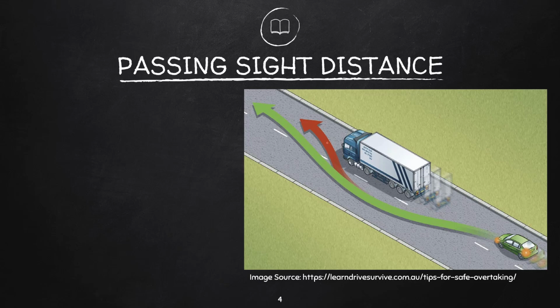If you'll notice the red arrow here, if the car will cut in early, then there is a great possibility that it will collide or bump with the front of the truck.